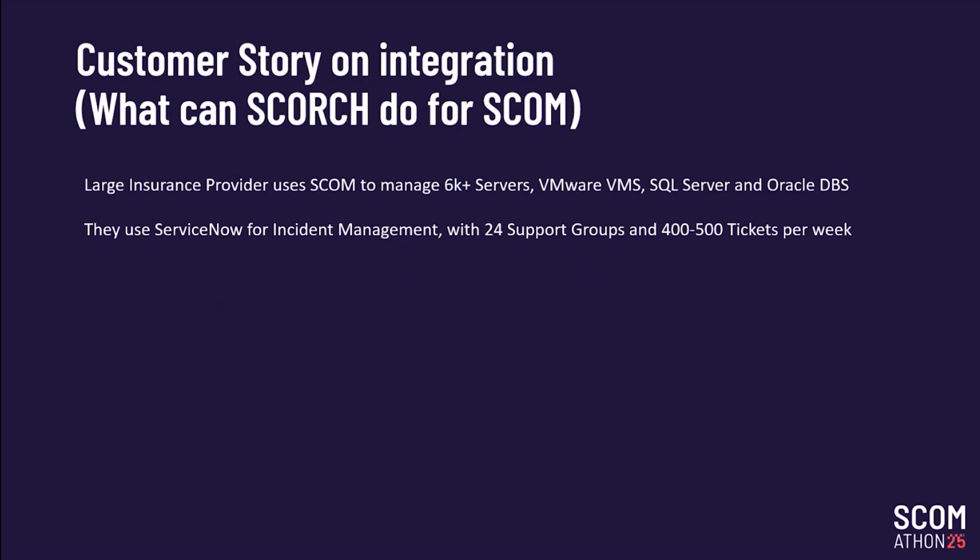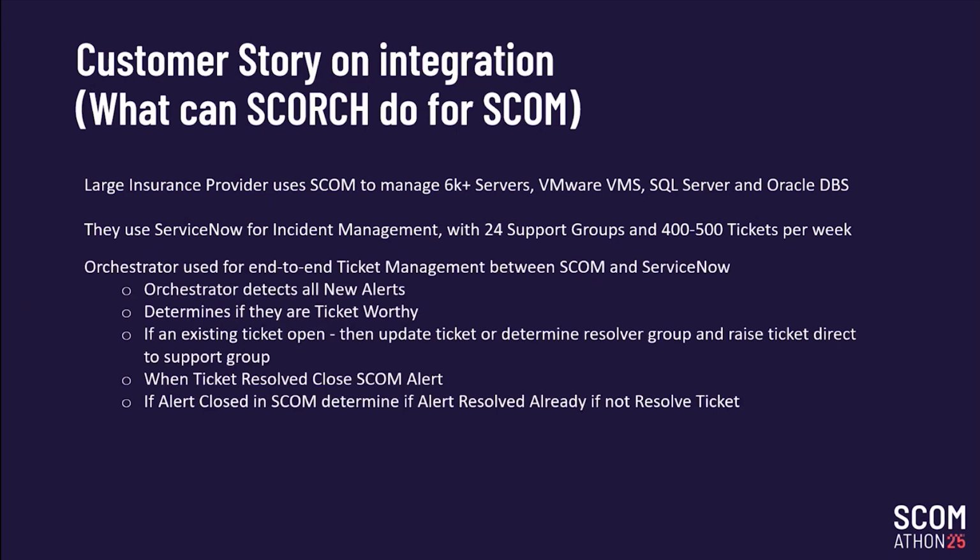They use ServiceNow for their incident management process, and they've got 24 support groups who need to look at these alerts that are coming in from Operations Manager and deal with the tickets. And they raise anywhere between 400 to 500 incident tickets a week because of the complexity and the size of their infrastructure. So they are using Orchestrator as an end-to-end ticket management system between Operations Manager and ServiceNow.